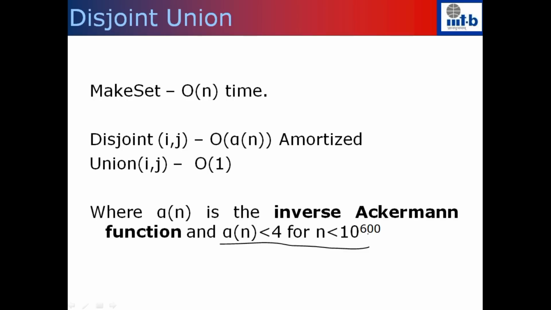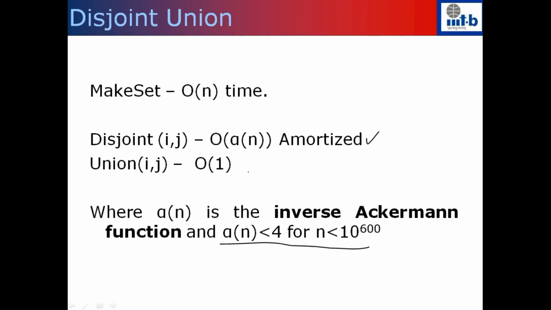So as long as we deal with reasonable size graphs, that means sets smaller than 10 to the power 600, for all practical purposes alpha n is going to be constant, less than 4. But this is only amortized. The proof is not simple, though we are not going to get into the proof of this.